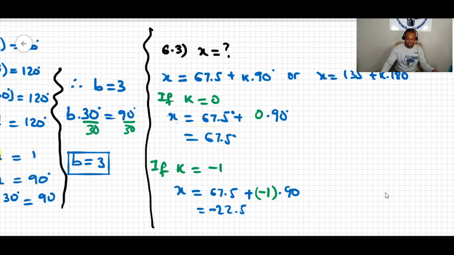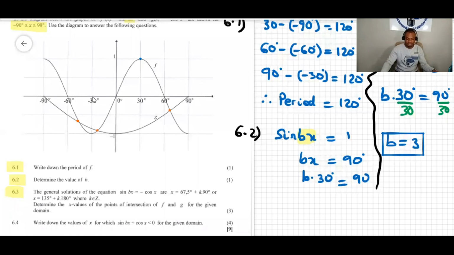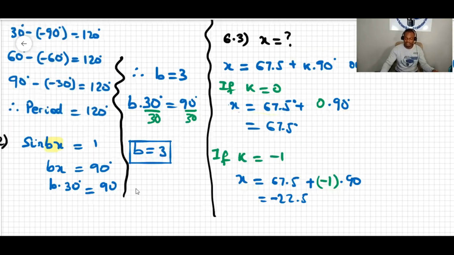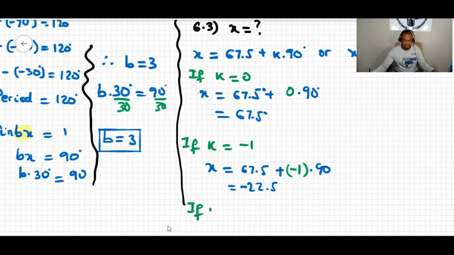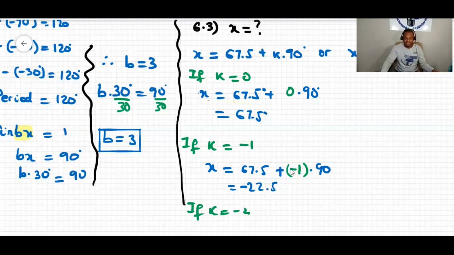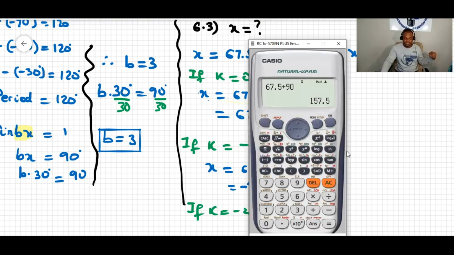We can see it in the diagram, a little bit less than -30 degrees in magnitude. Now if I take k equal to -2, I can already see by intuition that it's going to be below the limit, because the smallest limit is -90.